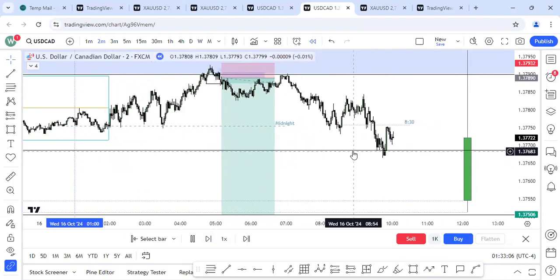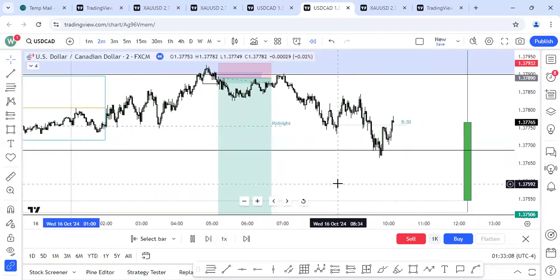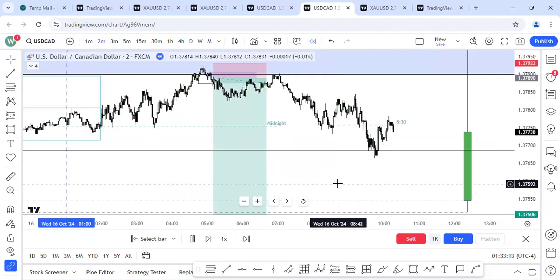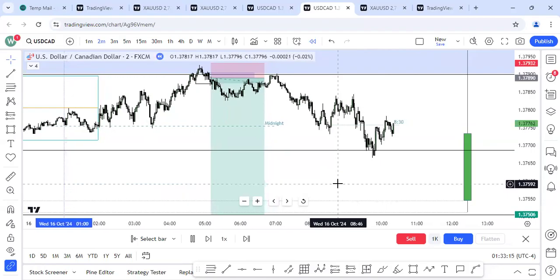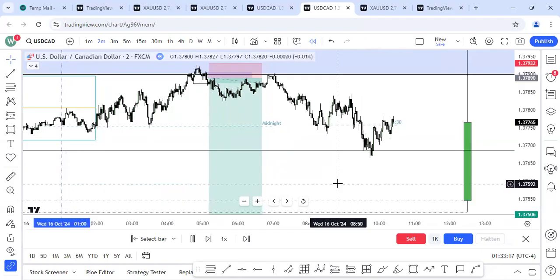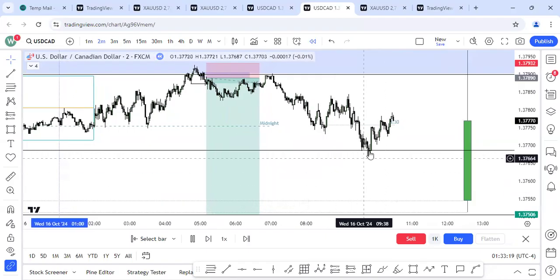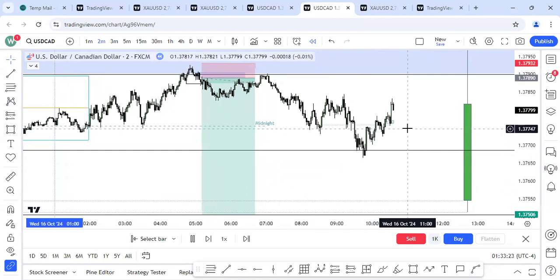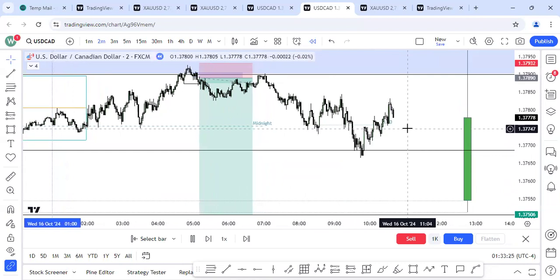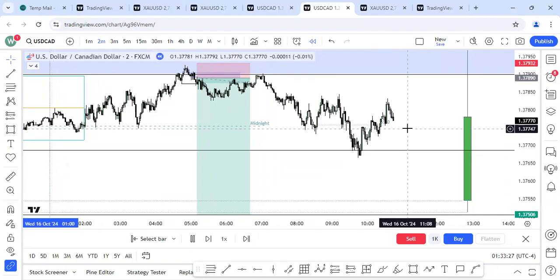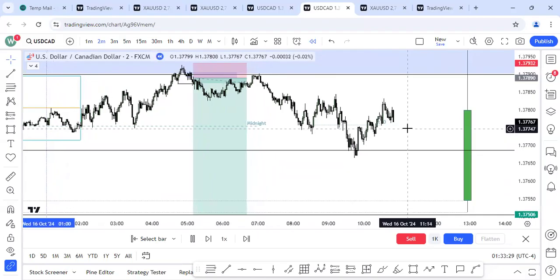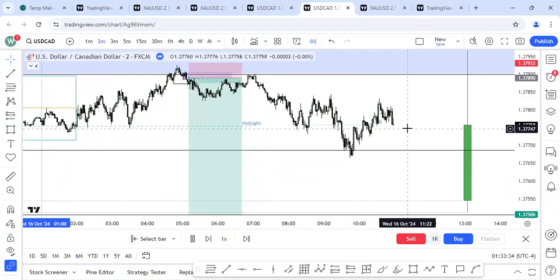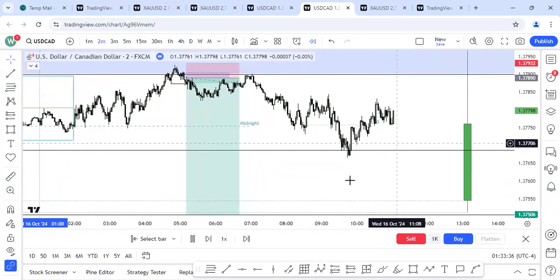Now we already took the 5 p.m. candle range low. We had a retrace back into the 5 p.m. candle range. So let's see how it played out.